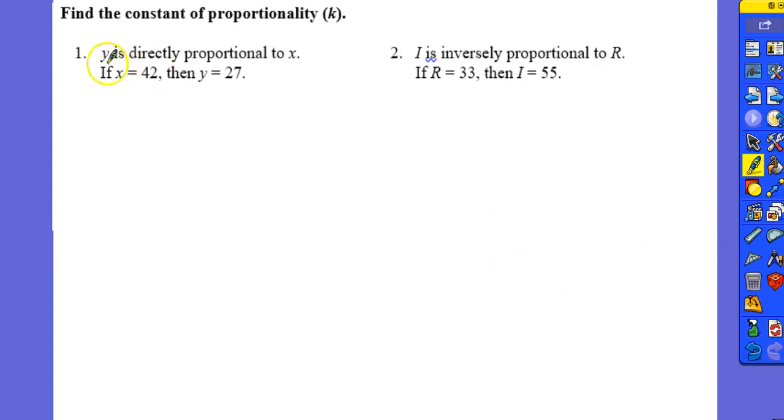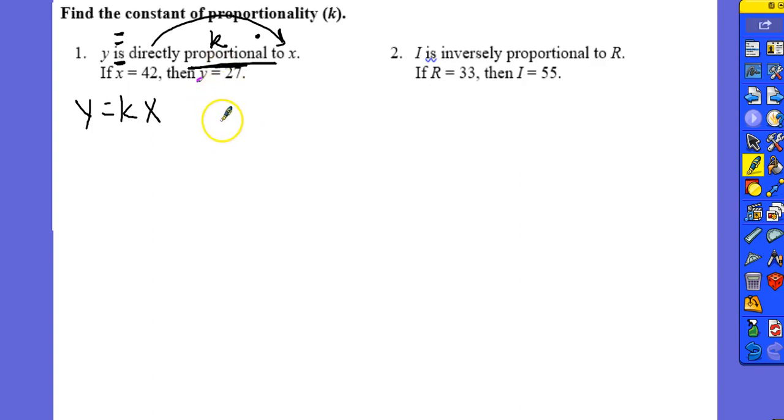So we're going to start with this statement that says y is, that's equals, right? Directly proportional, so that's your k, so that tells you it's a variation problem. And directly proportional to x means we are multiplying, right? So we're going to write our equation that looks like this, y equals k times x. So we have identified the formula or the equation we want, and then all we're going to do is plug in our x and y so that we can find that k or the slope of that line, whatever it is.